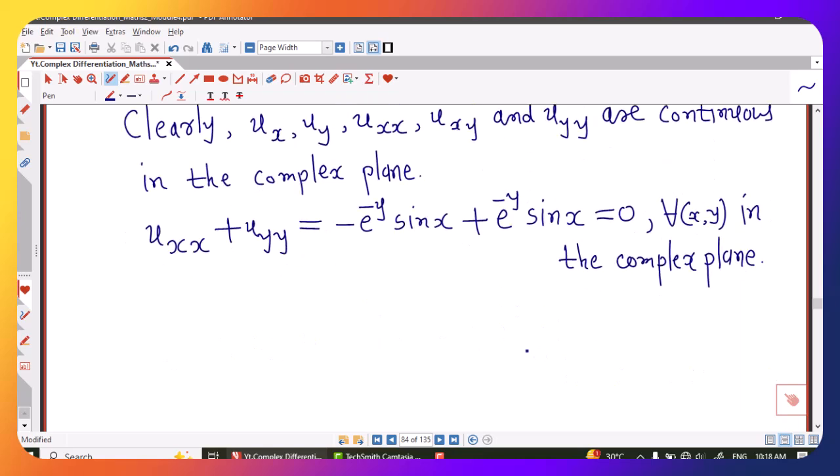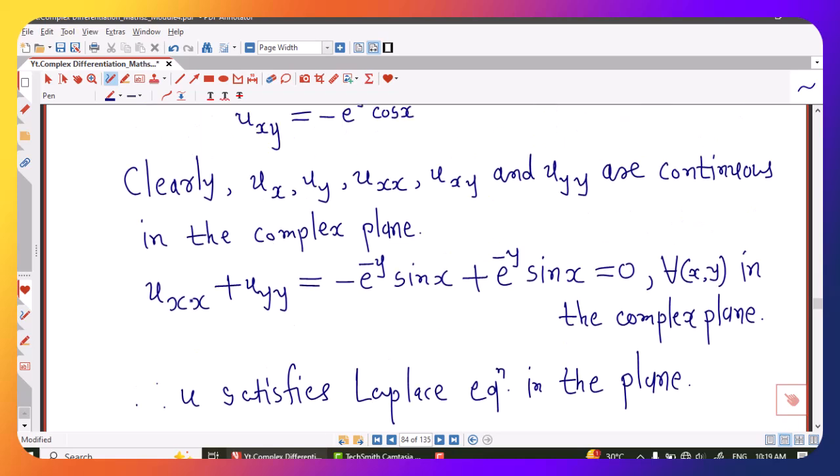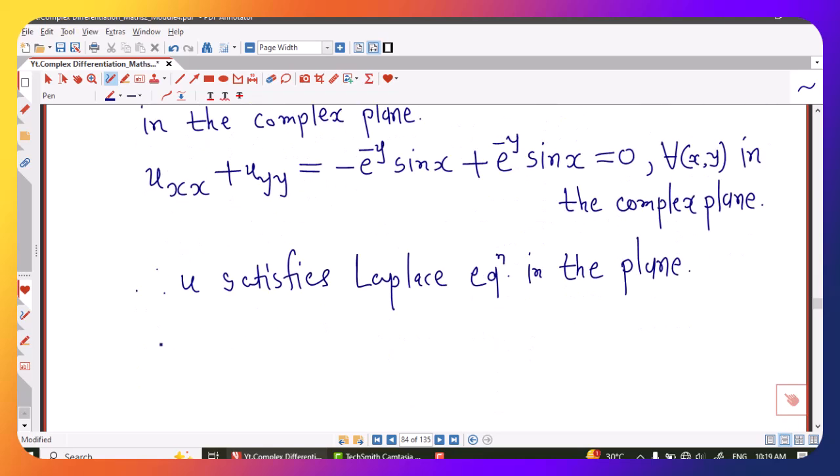This means this function u satisfies Laplace equation in the complex plane. Therefore both the conditions are satisfied, and therefore we can say that u is harmonic in the complex plane.